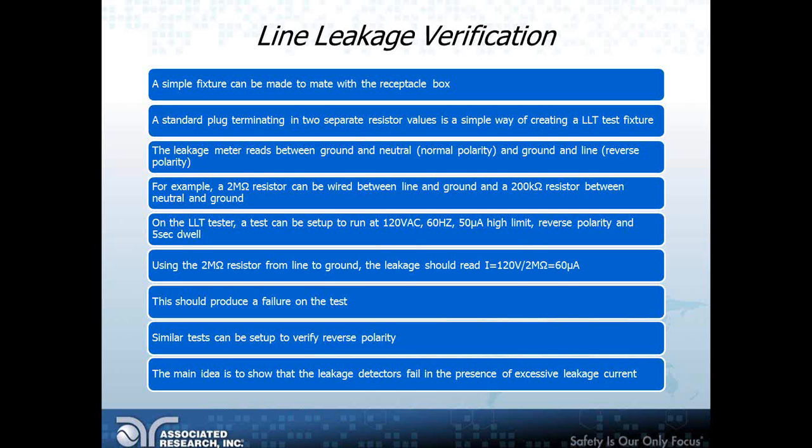Now a 200 mega ohm resistor will be wired between neutral and ground, and the leakage current value, if we calculate it, should come out to be 600 microamps. This should produce a failure on the test, and that would tell us that our electrical safety tester is reading correct failures and passes.